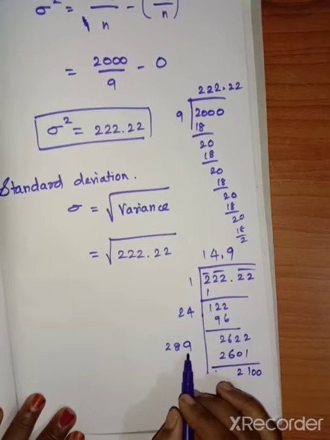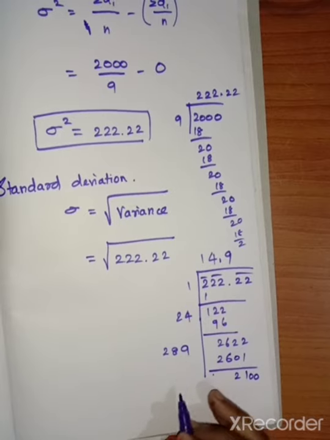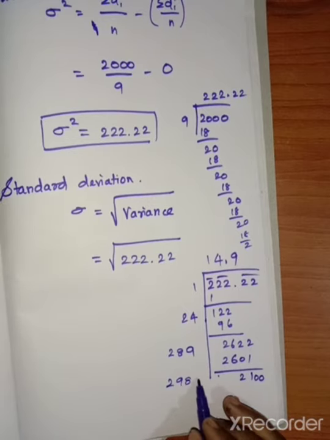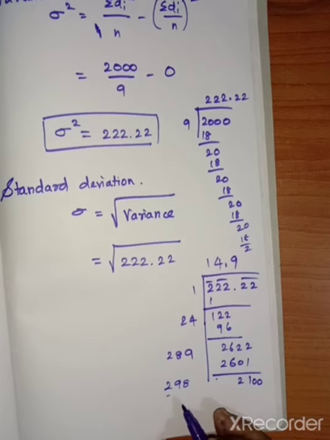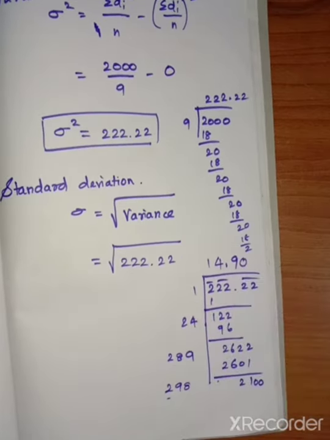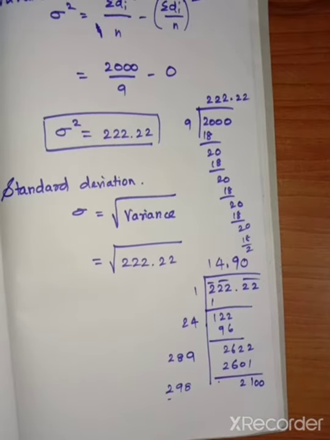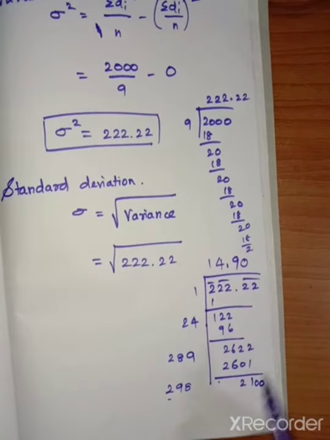If you multiply this 9, 9 2s are 18, so 298 is there. 0 if you put alone, it is so smaller with the multiplication, so we can write 0 also. If it is possible you can find the next value, or otherwise you can stop till this, because the value changes only a little bit. So that is no problem.